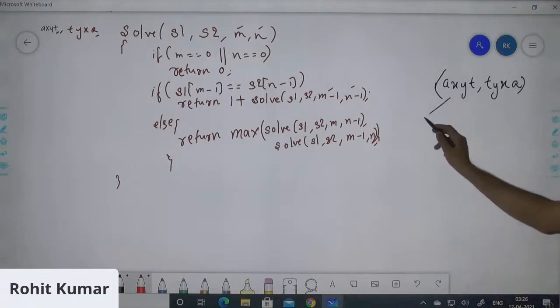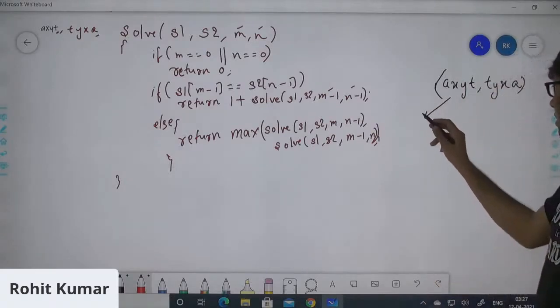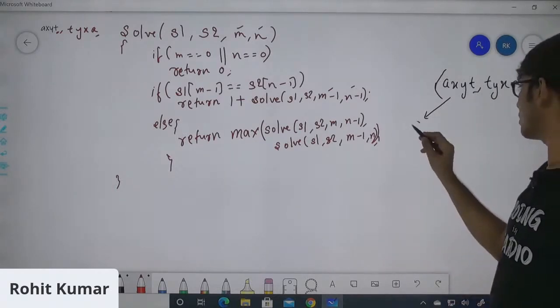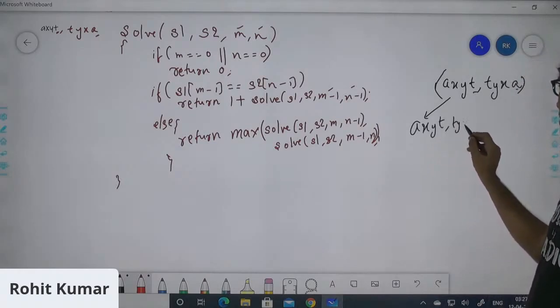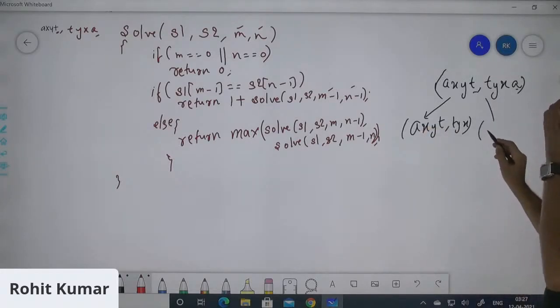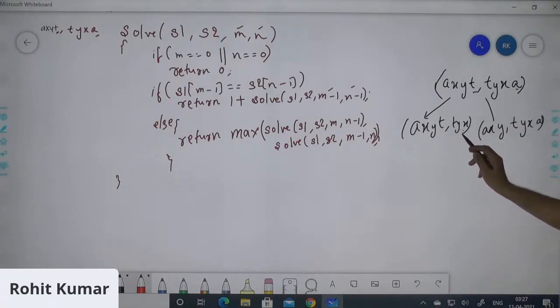So we can start checking. Initially, neither of them is 0: m is 4, n is also 4. We check whether the last two characters, this t and a, are equal. No, they are not. So I'll be calling m comma n minus 1, that is axyt and tyx. And over here, there will be one more call of axy and tyxa. So this is m comma n minus 1 and this is m minus 1 comma n, right?